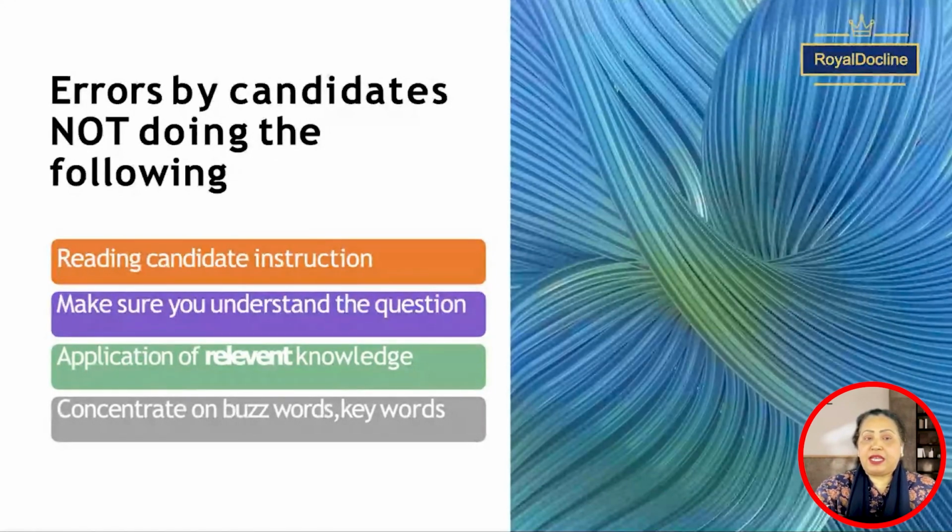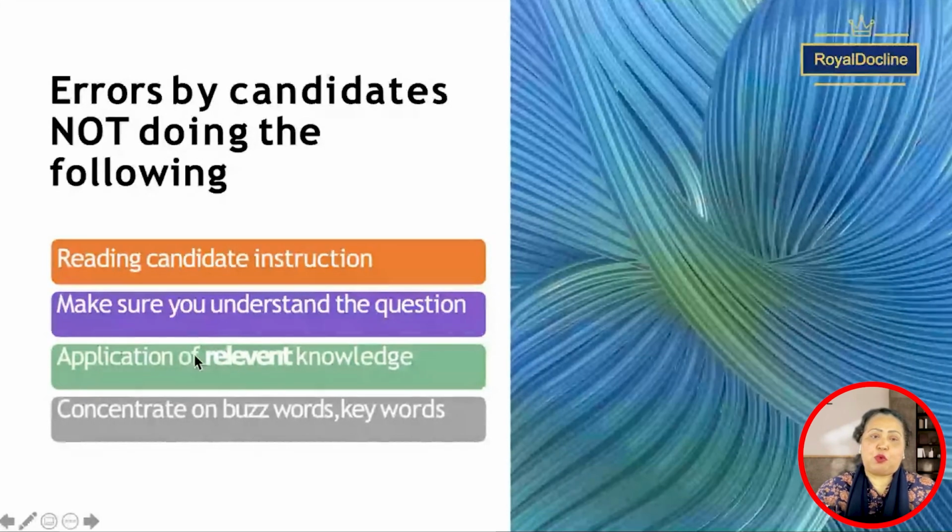Then there is a lack of application of the relevant knowledge, as I have made bold. Relevant knowledge is very important. Then they do not concentrate on the buzzwords or keywords. They have to concentrate on those words, that what the question is asking from the candidates. You have to do a lot of practice to get these buzzwords and to know these keywords. These are the common mistakes and errors which the candidates are making.